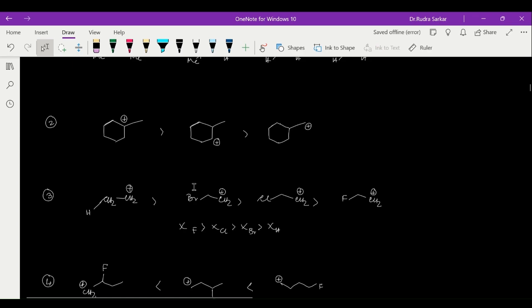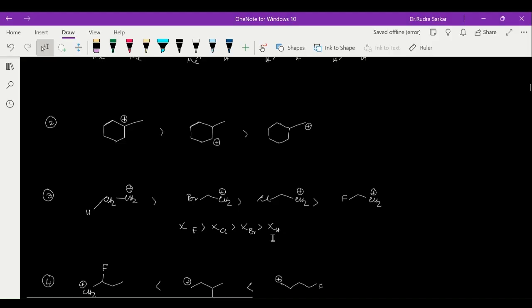Now if you look at the electronegativity order, chi F is greater than chi Cl, greater than chi Br, greater than chi H. We know electron donating groups stabilize carbocations and electron withdrawing groups destabilize carbocations. What is important to notice is that the positions of the substituents are not changing. So distance variation is not a factor over here. We have to judge the stability of carbocations on the deciding factor.